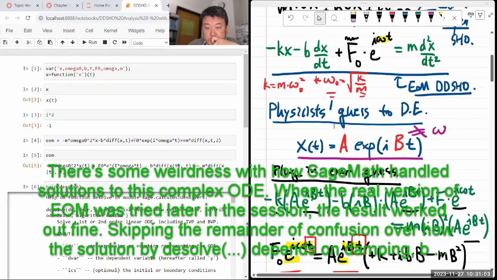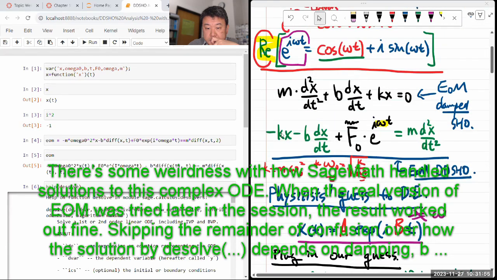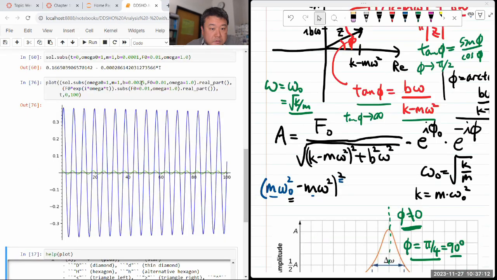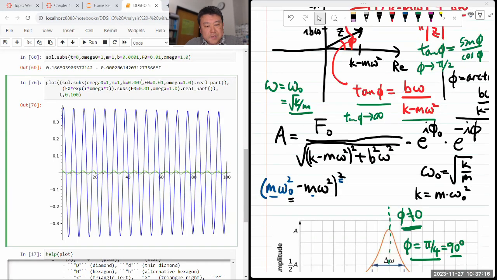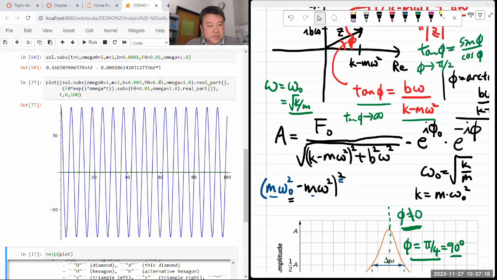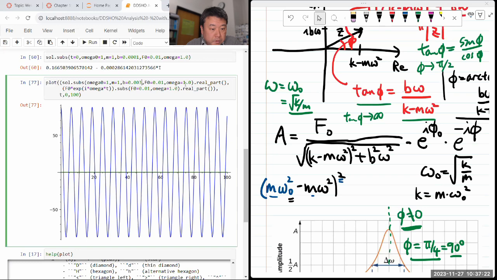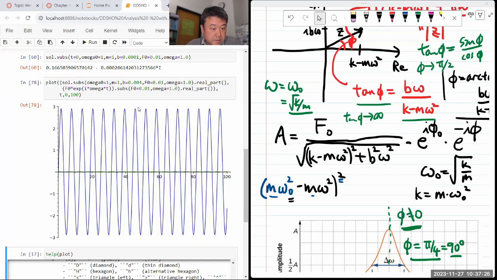In the equation back up there, I had minus kx minus b times. It's running into some issue. It might be some numerical calculation thing, where the value is much larger than it's supposed to be compared to this.